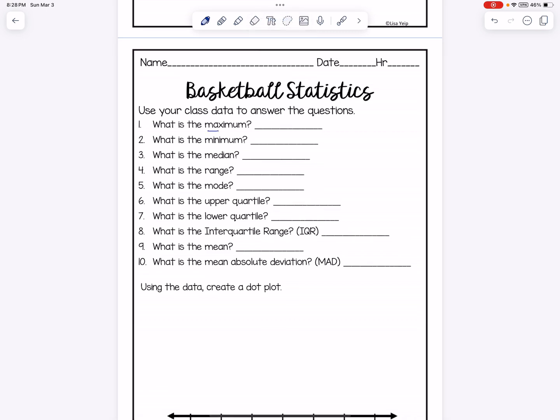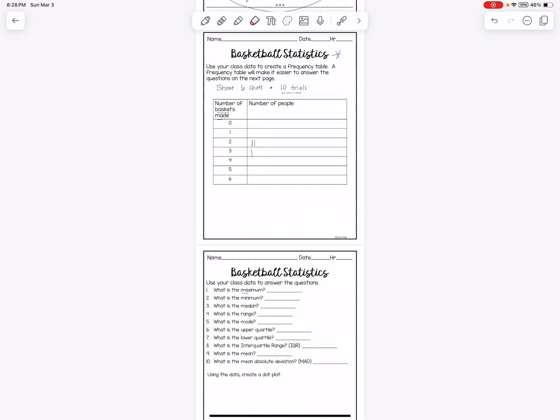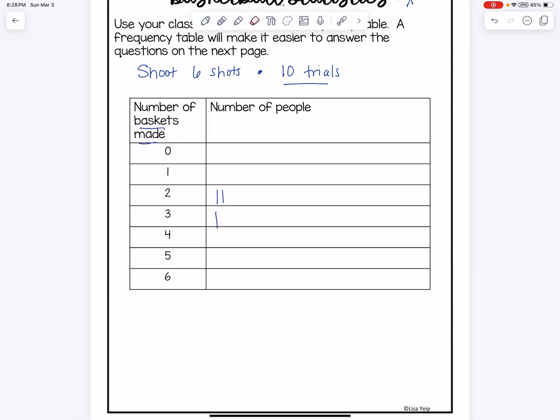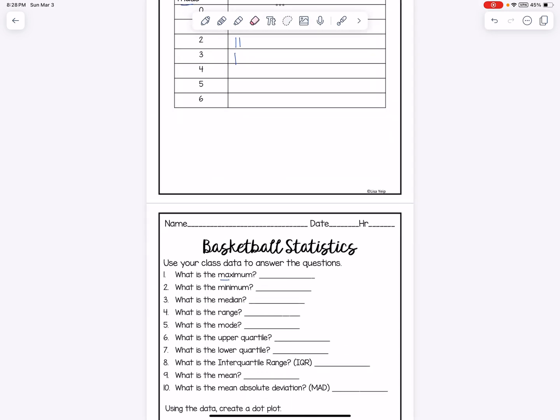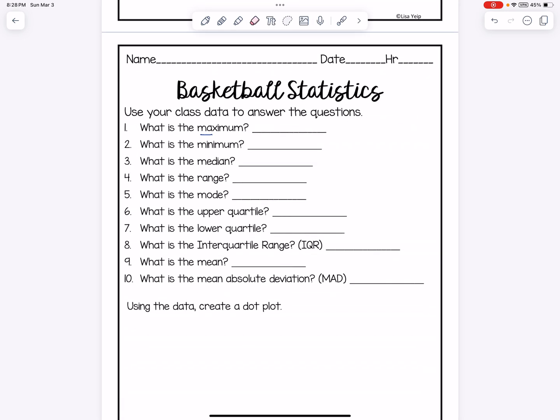What was your best round of 6 shots? Did you make it in all 6 times at some point? You can either do this on a basketball hoop, or you can just take a piece of paper and throw it into a garbage can or a bucket or a laundry basket or something like that to collect some data. Then go ahead and list your maximum and your minimum, and find your median.